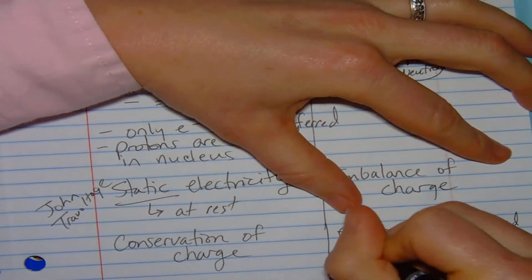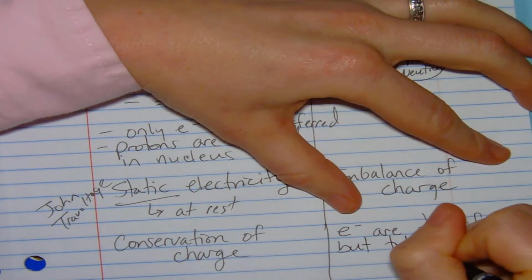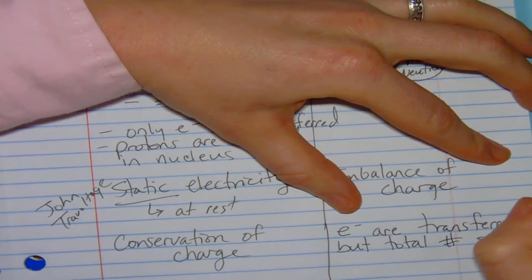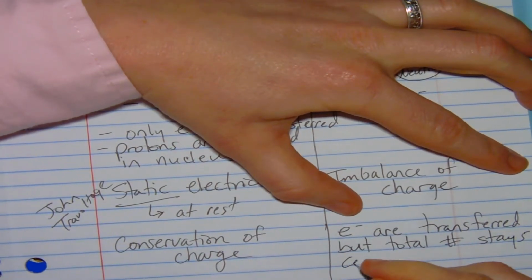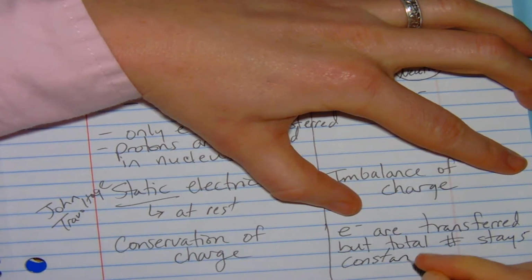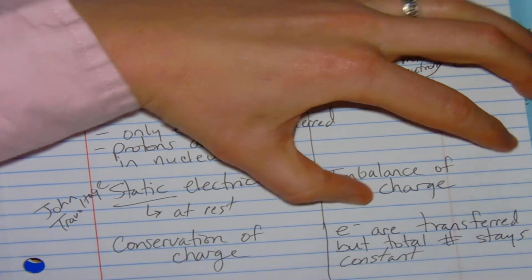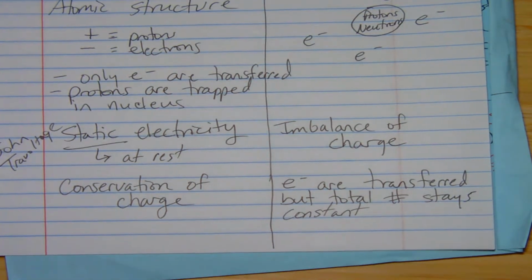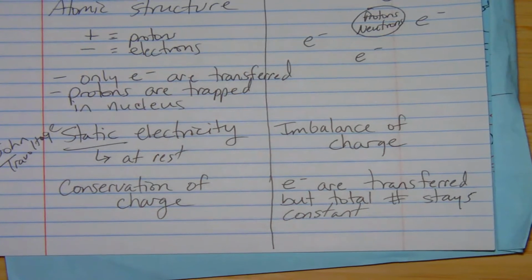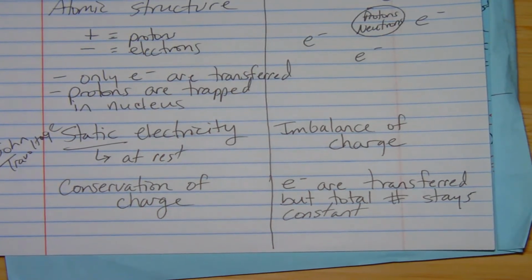They are transferred, but the total number stays constant. We can't just produce an electron. We can't just produce a proton. Those were there since the heavily accepted Big Bang Theory. Those were generated then. We're not making new protons. We're not making new electrons. We're just moving stuff around.